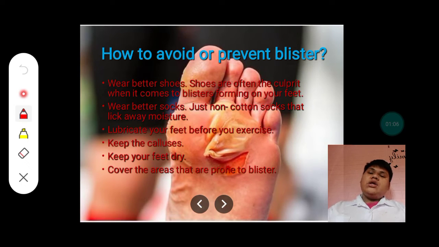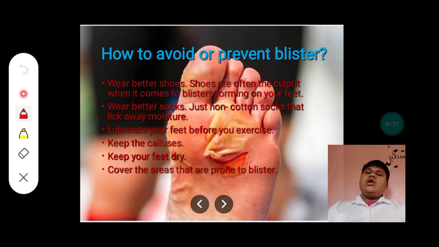How to avoid or prevent blisters? Number 1, wear better shoes. Shoes are often the culprit when it comes to blisters forming on your feet. Number 2, wear better socks, non-cotton socks that wick away moisture.